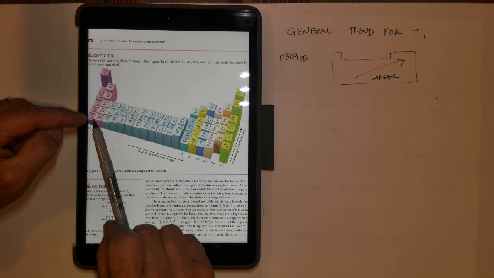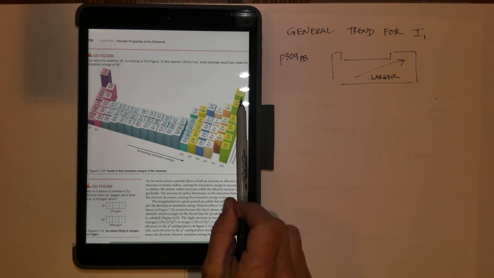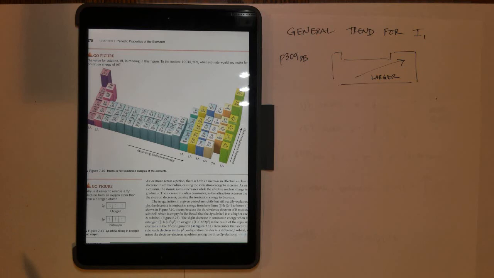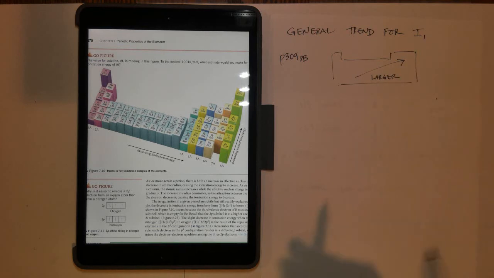Its electrons are just hanging out there for anybody to grab, all the way up to helium, whose first ionization energy would be astronomically high because the electrons are really close to the nucleus. It only has 2 electrons, and it's very difficult to remove them. So the general trend is up and to the right. First ionization energy increases.